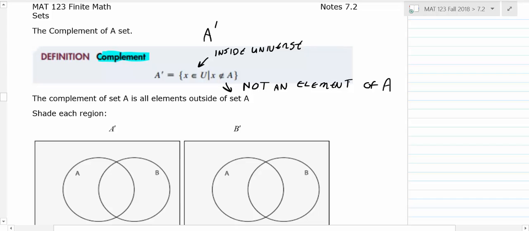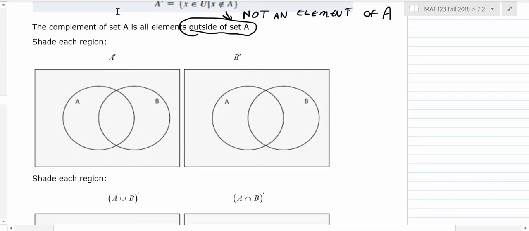It just means you're outside of A, but you're in the universe. So think of the complement of set A as everything that's outside of A. It's not everything, it's everything in the universal set, and the universal set is whatever you're considering.